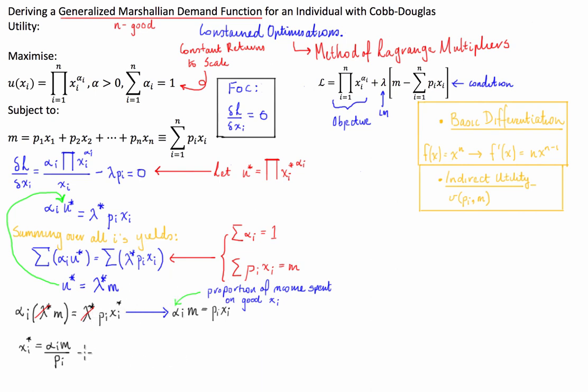So what we're going to do is substitute this relationship back into our original utility function.